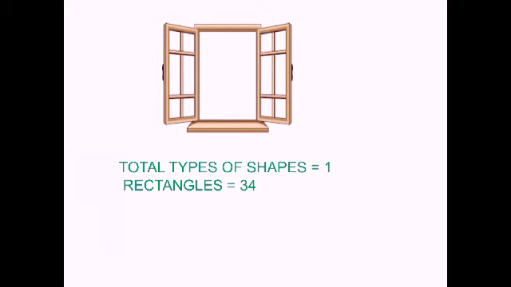If you add up the small rectangle at the top and the long rectangle below that, it is forming a bigger rectangle. Same with the side one, another rectangle. Now if you take the bigger rectangle in the middle and the smaller rectangle at the bottom of the window, that is also forming a rectangle.